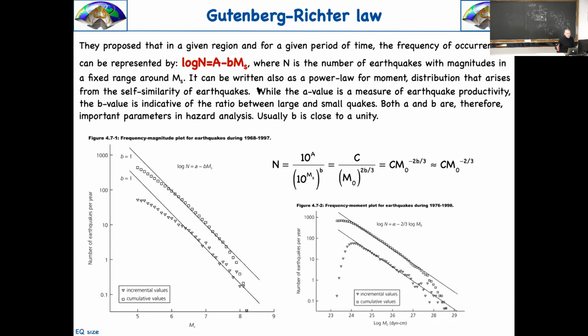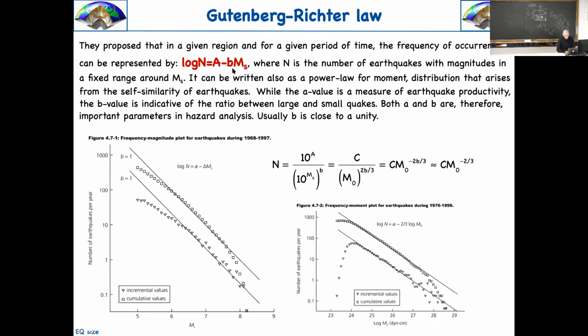What they did, what was their idea, was to collect the available seismic catalog at a global scale, and to measure the number of earthquakes as a function of magnitude using a logarithm. And they found a beautiful line with a slope of b pretty much equal to 1, so -1.